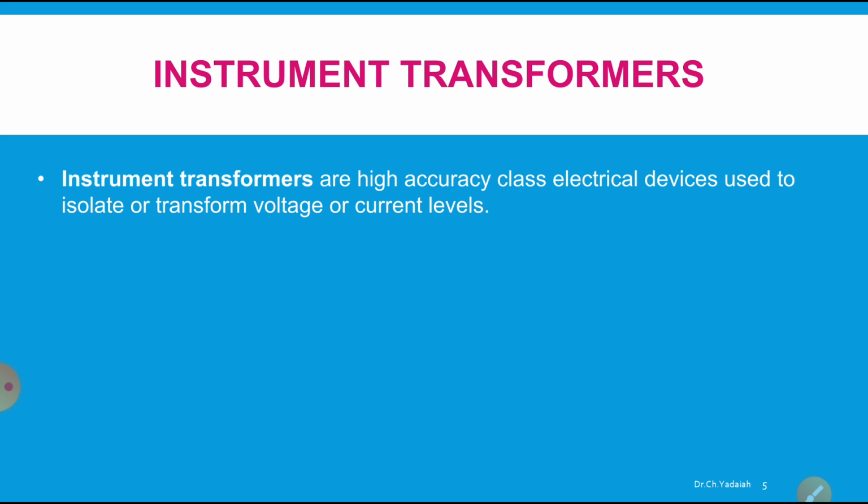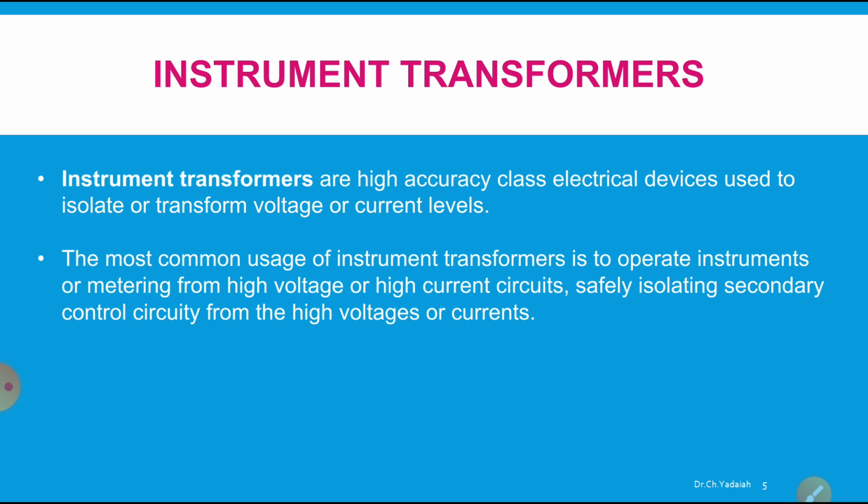The instrument transformers are high accuracy, they will give the accuracy values, and are electrical devices used to isolate or transform voltage and current levels. What levels? High level voltages, high level currents. So we are going to isolate from these levels. In between ourselves and the high levels, there is one medium present in between the two. That is known as the instrument transformer.